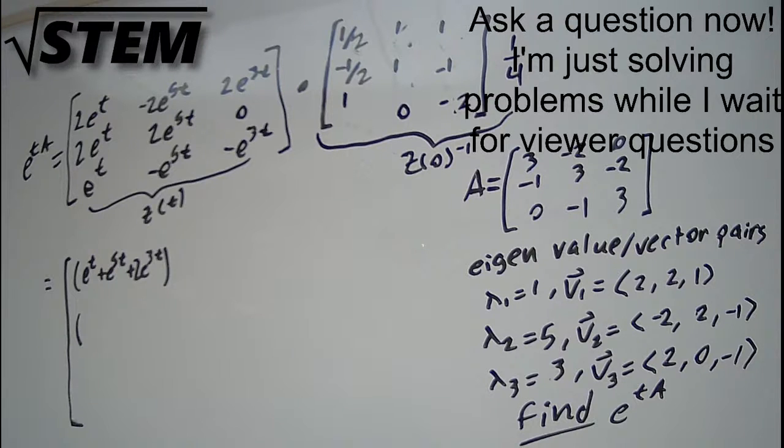Next entry we take, yeah, first column times the second row. Okay, I had it right. I just didn't trust myself.